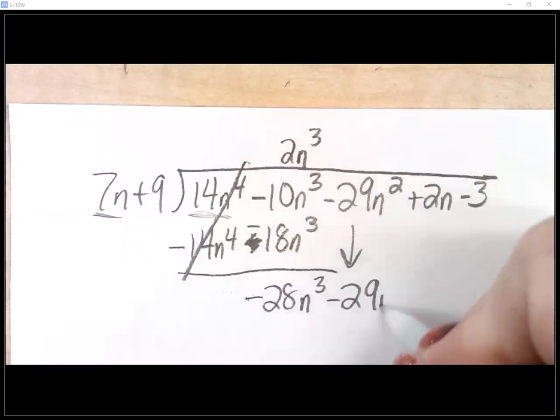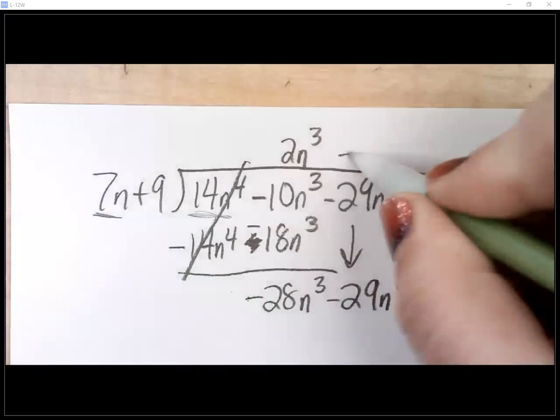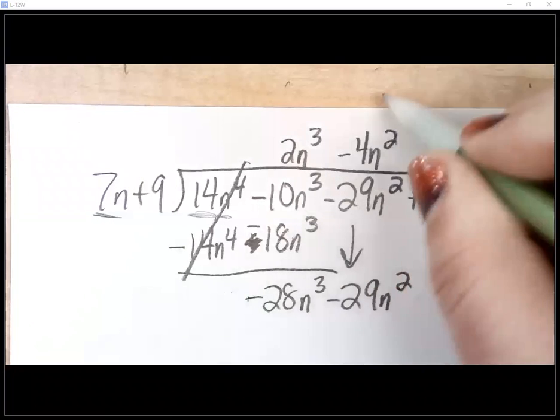And then I repeat the process. 7n times what would get me to negative 28n to the 3rd? Negative 4n squared, right? It goes up top in the n squared column. All of these will be n squareds.